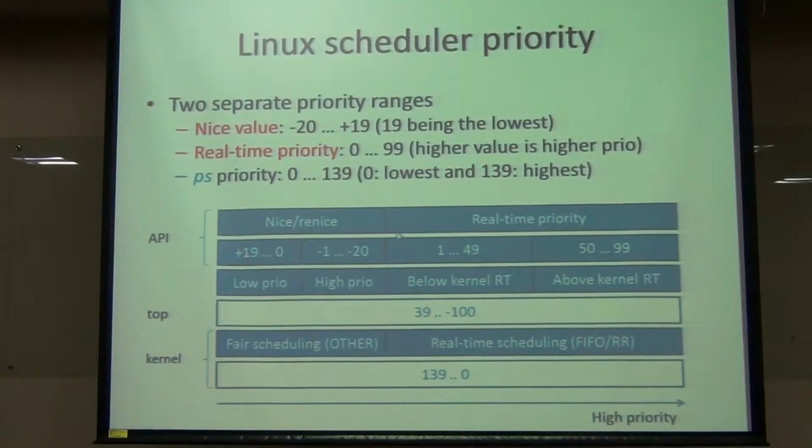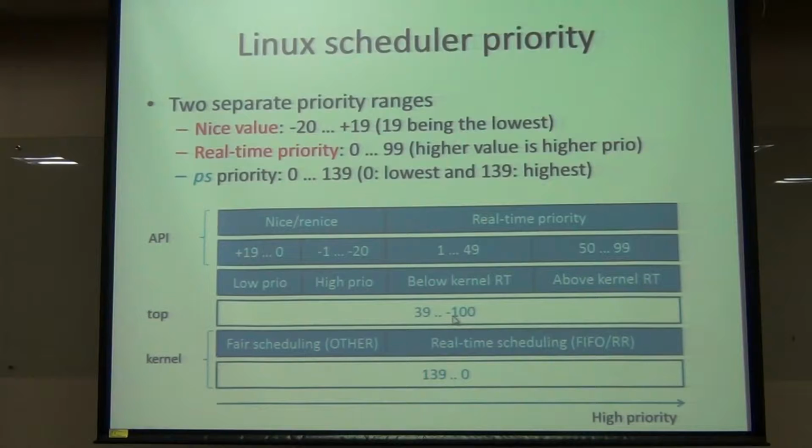So the table below shows the nice values as well as the real-time priority values from 0 to 99. And what's a little confusing is that if you type top, the priority shown on top ranges from 39 to minus 100, which you can just map as shown here.